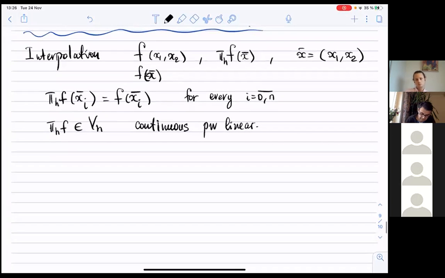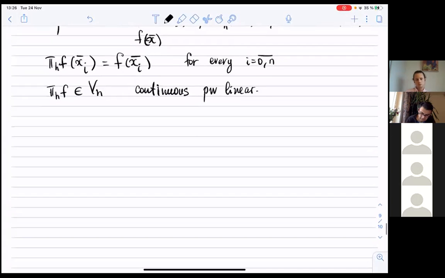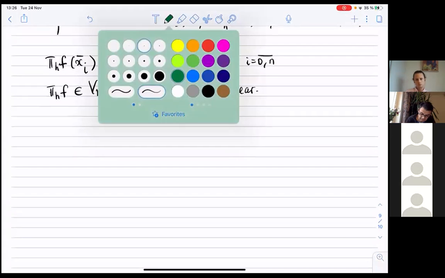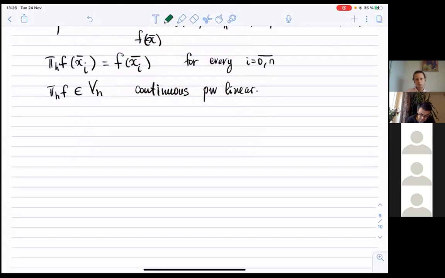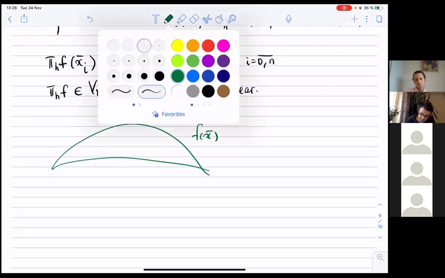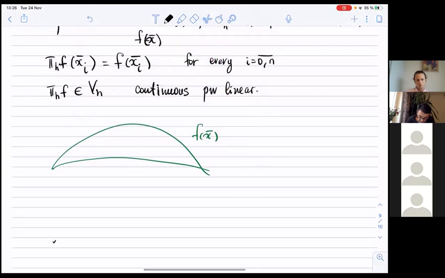If you draw it in 2D, I have a picture in my lecture, I can try to draw it here again. We have some kind of continuous function like this. This is f of x. And somewhere here we have this triangle. This is our K i, for example.